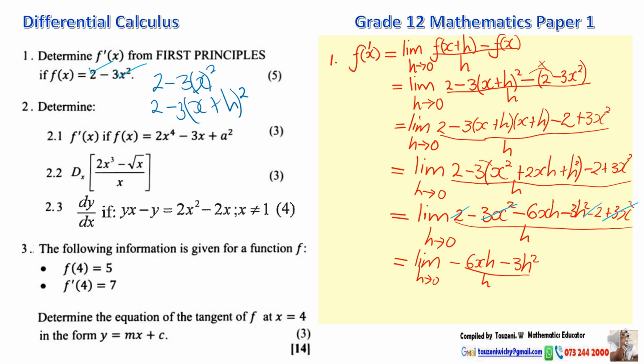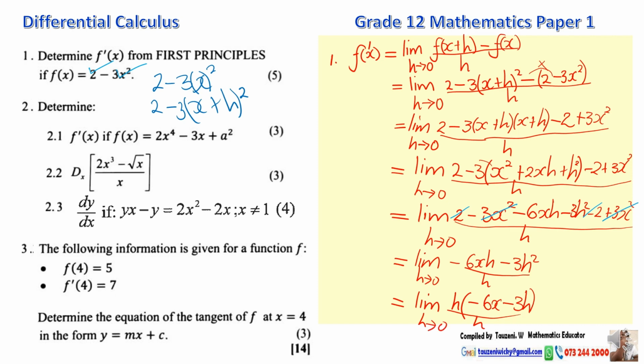So for factorization to be possible, h must be a common factor. If by any chance h is not a common factor, then it definitely means there is a mistake in your calculation. H must be a common factor because we divide this expression by h as h approaches 0.